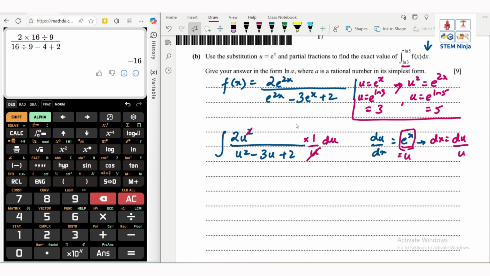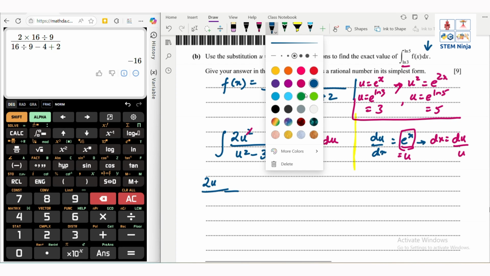Now notice that we can't actually solve it in this form over here. So we will have to do the partial fractions. So 2u over u squared minus 3u plus 2. We need to factorize this first.